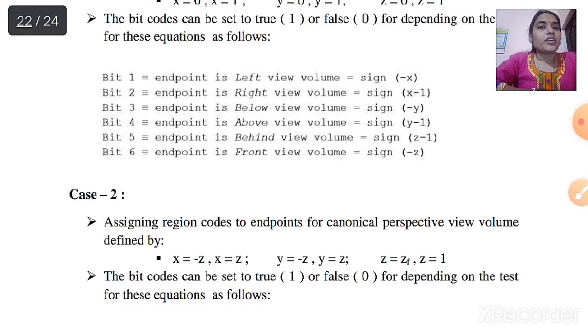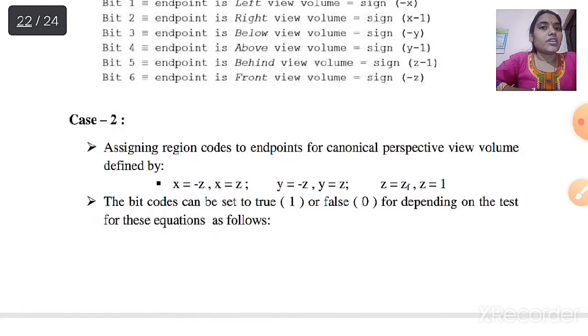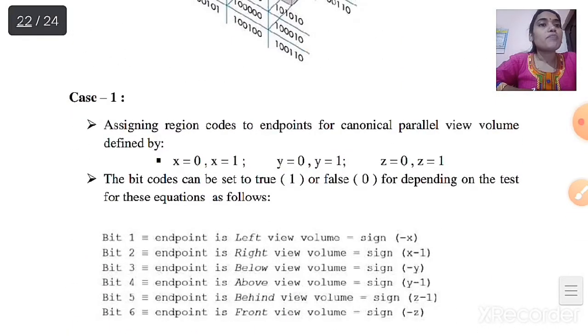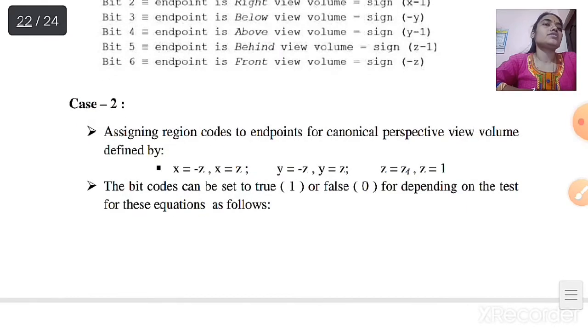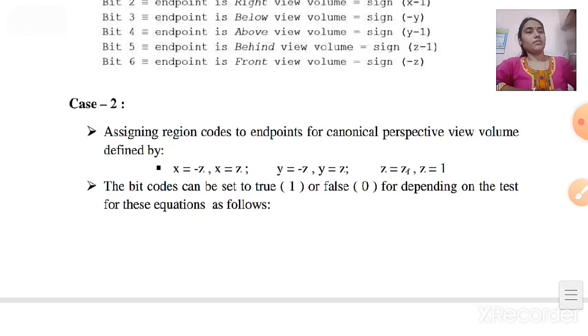And another case is assigning region codes to endpoints for the canonical perspective view volume. This one is for the parallel view volume, and here we test according to the perspective view volume.